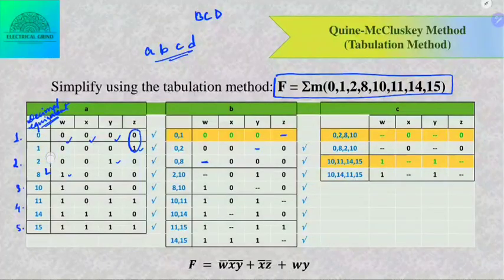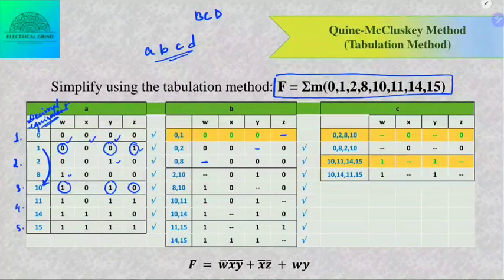Similarly, we will now compare the other groups. Comparing the second group with the third group, for 1 and 10 we can see there are, sorry, 3 positions where we are getting different values.